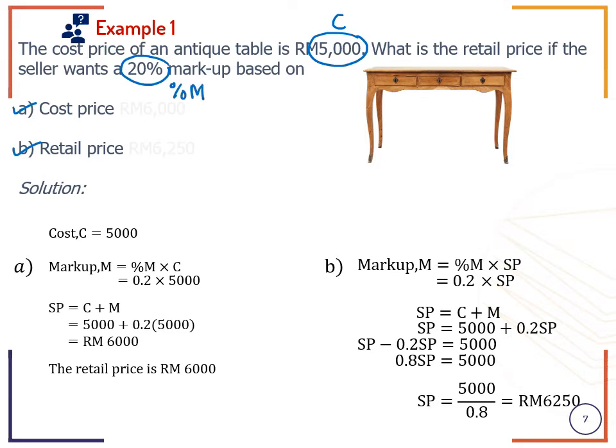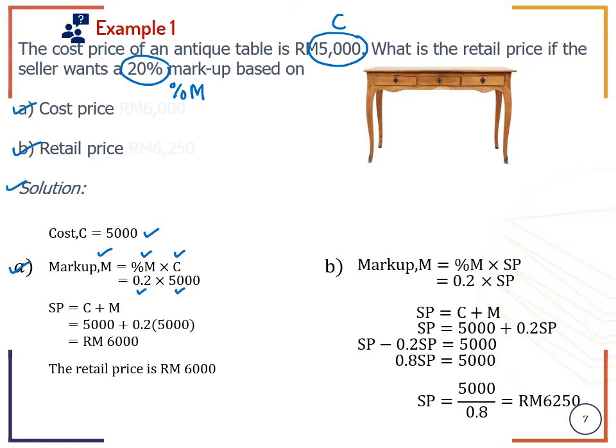So let's solve. Given cost equal to 5,000. For A, to calculate markup based on cost price, percentage of markup must be multiplied with cost. Therefore, markup is equal to 0.2 multiplied by 5,000.